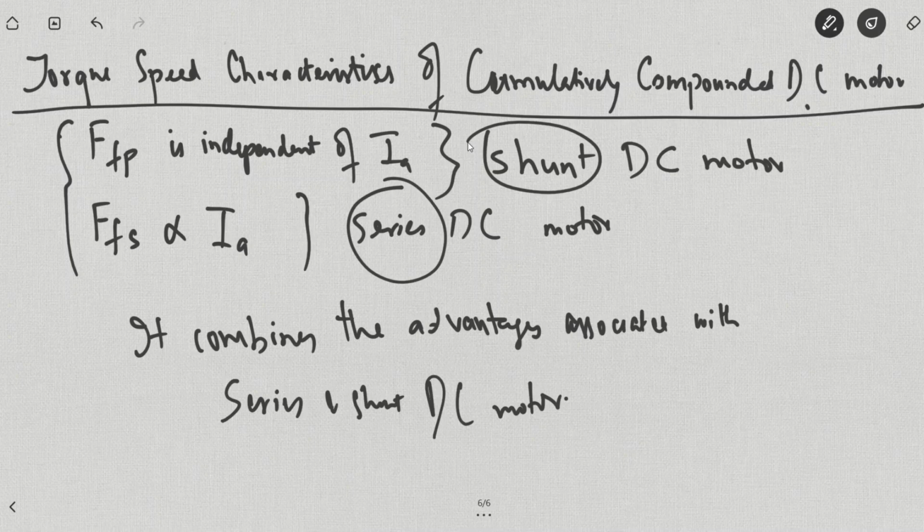We cannot go for an unloaded connection in a series DC motor, but because of the shunt connection also available in a compounded DC motor, we can start a compounded DC motor without load also. So it combines the advantage associated with the series winding, that of higher starting torque, and of the shunt winding, that is no load starting, as well as it will reduce the losses associated with a series field winding, where the entire winding is in series with the armature winding.